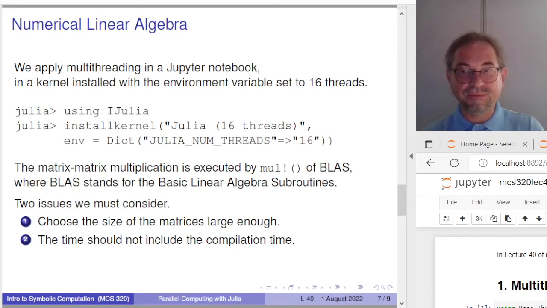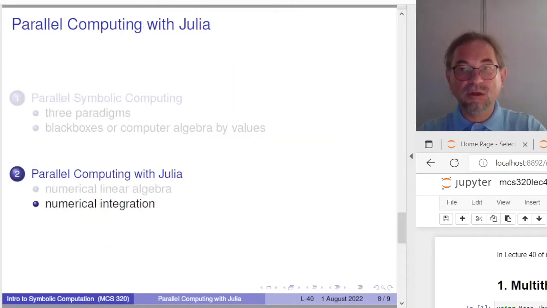So when you run things the first time, the code gets compiled, and one should not include this compilation time when one considers the speed up. So problems need to be large enough and also be aware of the overhead incurred by the compilation, the just-in-time compilation of Julia.